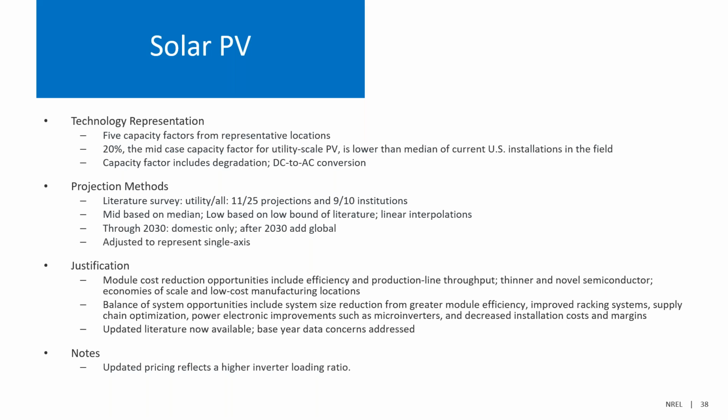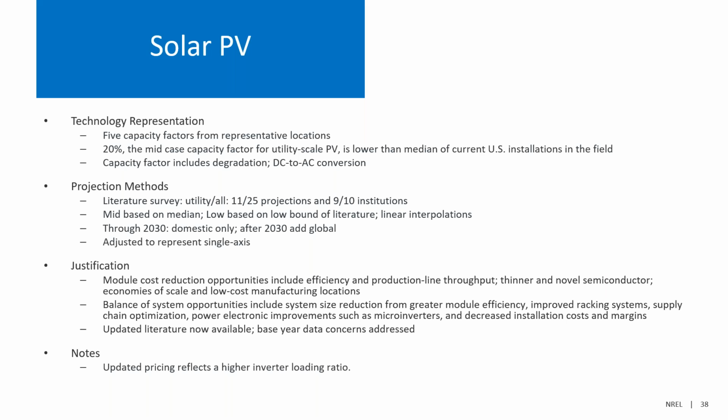With regards to our projection methods, similar to how we've done historically and a little different from some of the other technologies, we do a literature survey. In this year's case, we had 25 different projections from 10 different institutions for all 3 markets, but in the case of utility, we had 11 projections from 9 institutions.